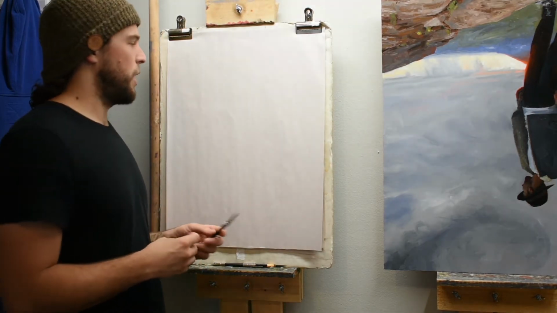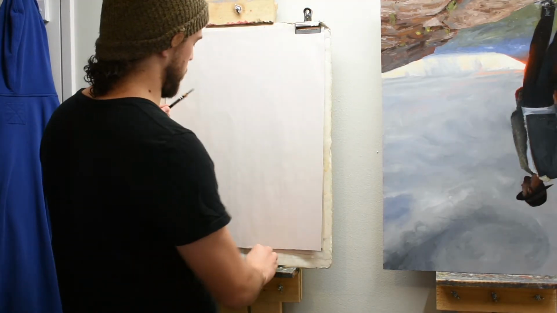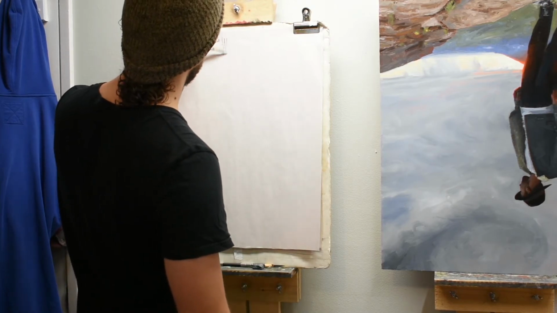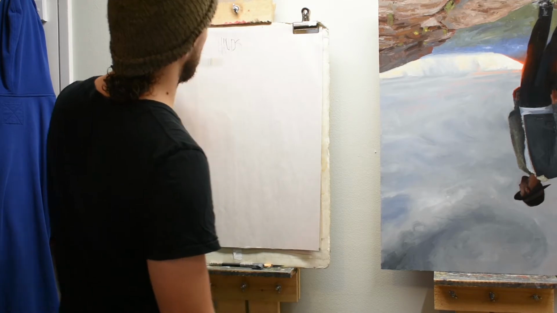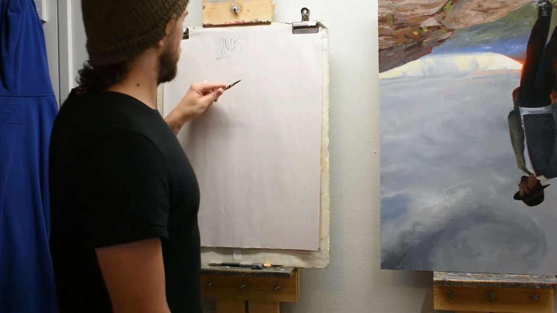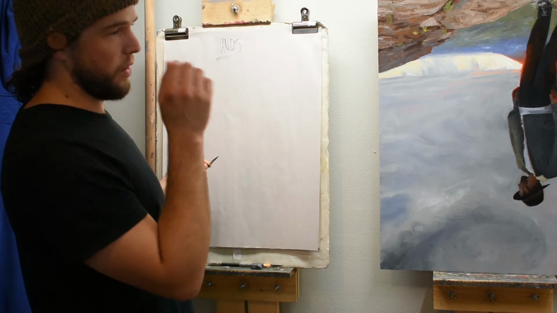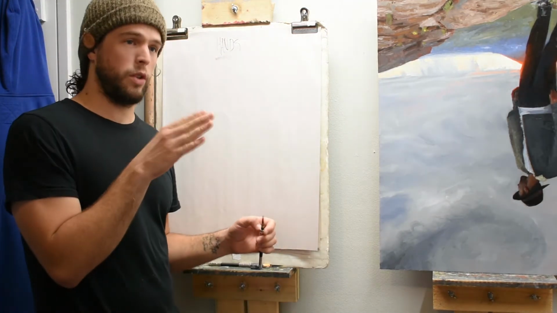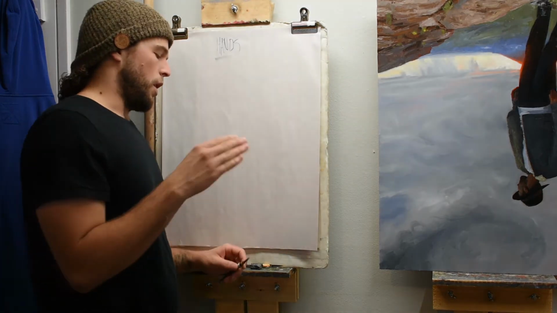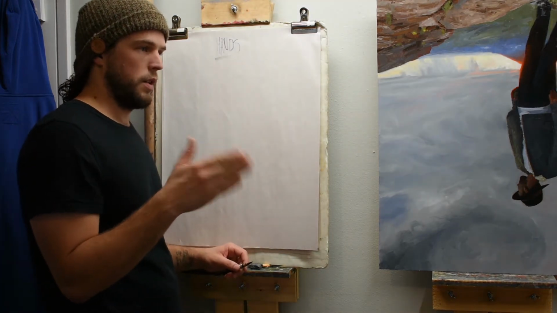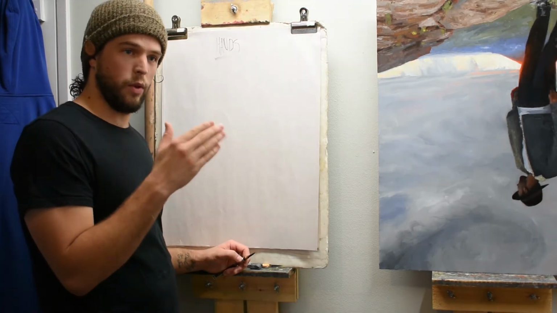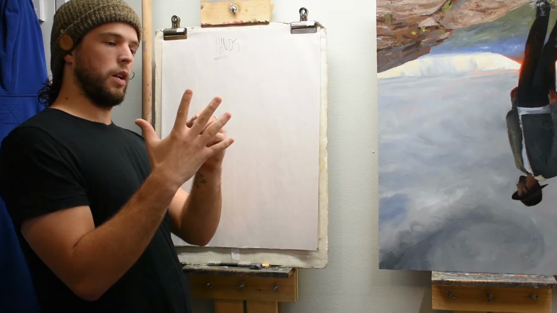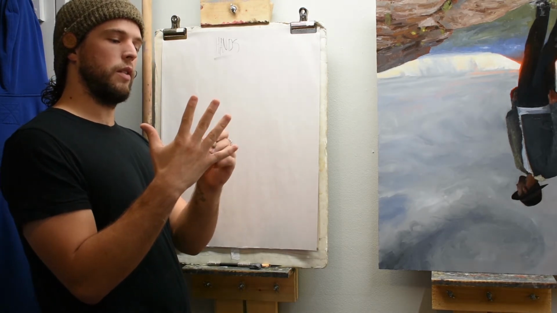So probably the first couple things I want to mention here. There's some things that you want to avoid when drawing hands. And probably the most important thing to avoid is to actually draw the contour of each of the hands.